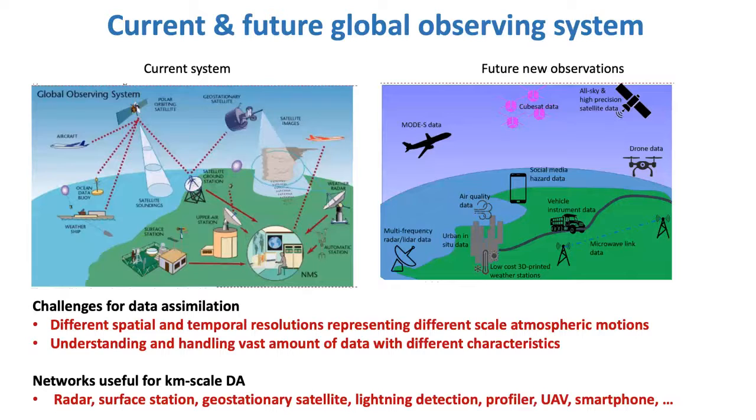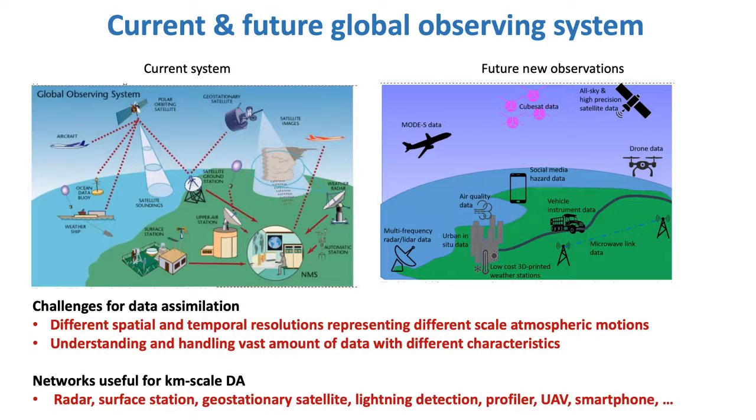These two maps illustrate the current and future global observing systems. On the right are the future new observations. These different observations really represent different scales of atmospheric motion.